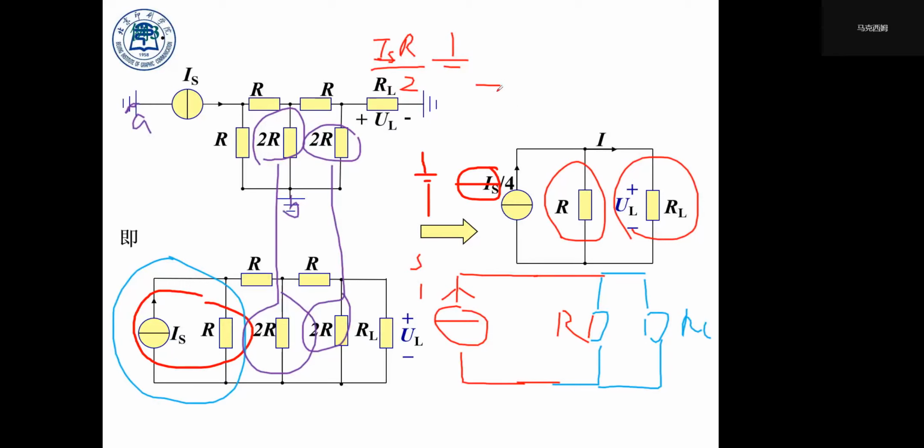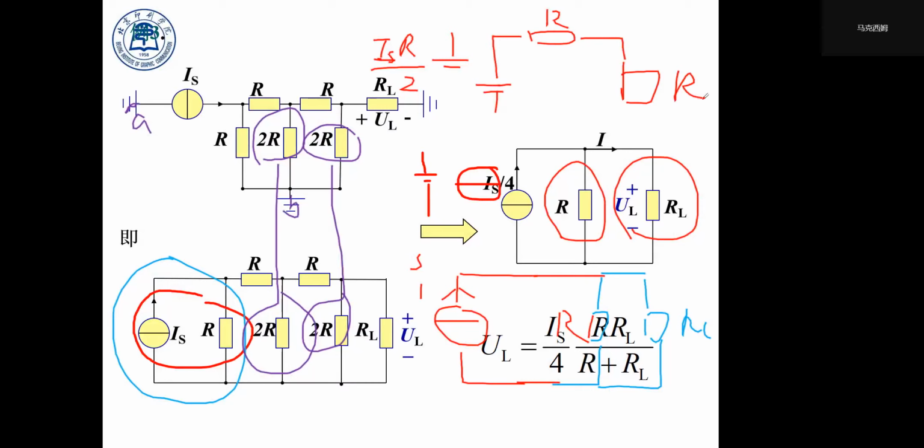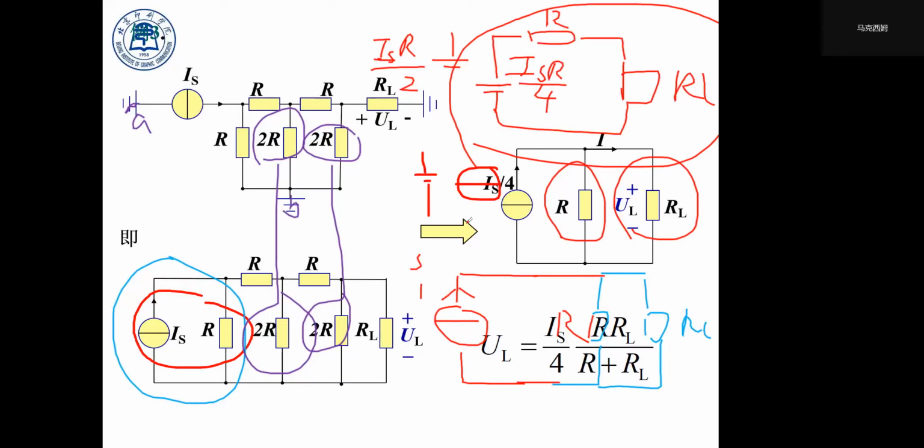Then we have this, so its value must be R over a quarter. This final circuit is simple enough for us to solve.